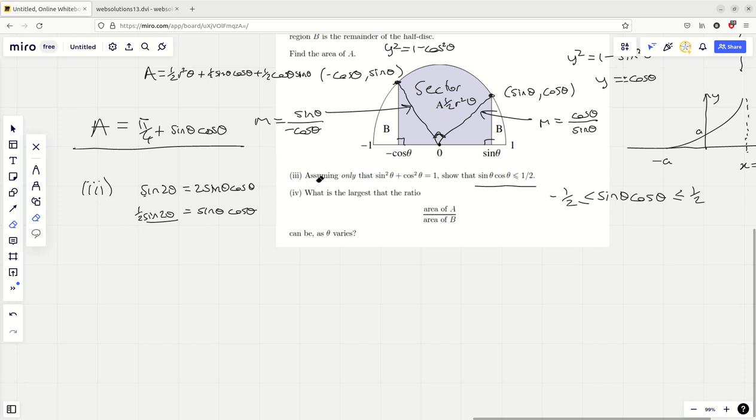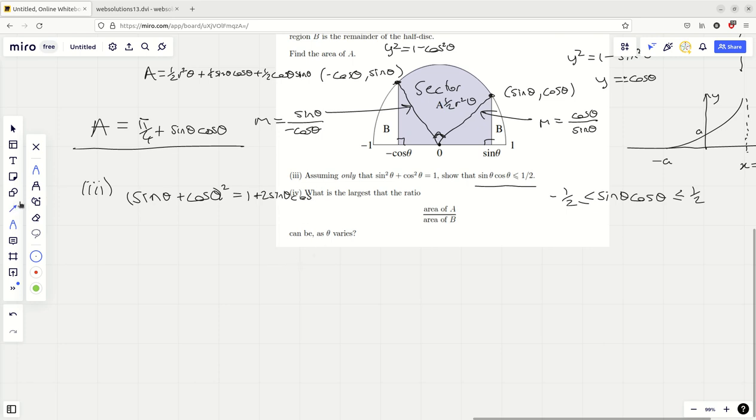Now, if you're only using sine squared plus cos squared is 1, that's a bit harder, though. It really is. It's not necessarily that obvious. I suppose you might think at first, well, if I have sine theta plus cos theta and I square it, I get sine squared plus cos squared, which is 1, plus 2 sine theta cos theta.